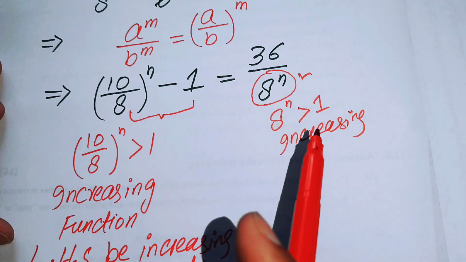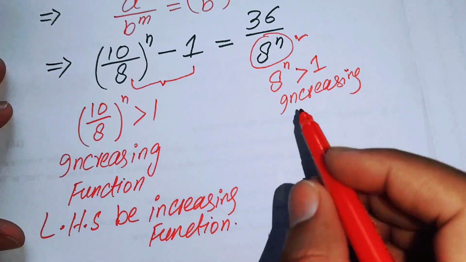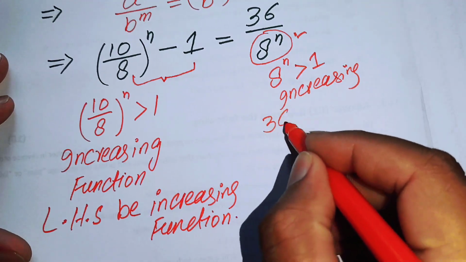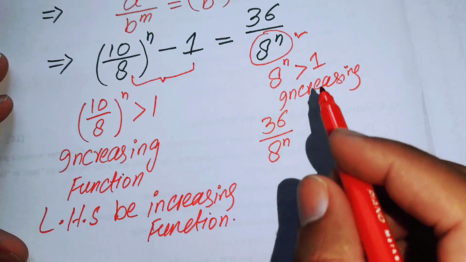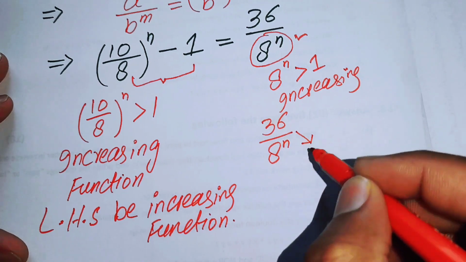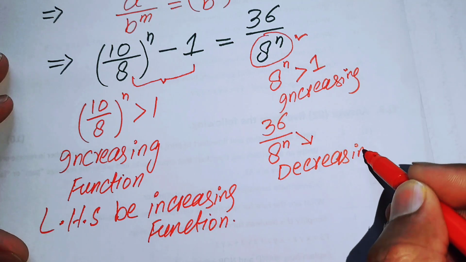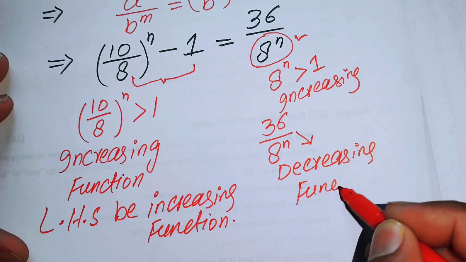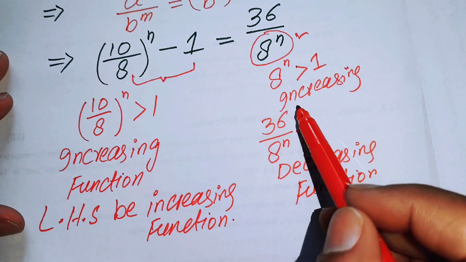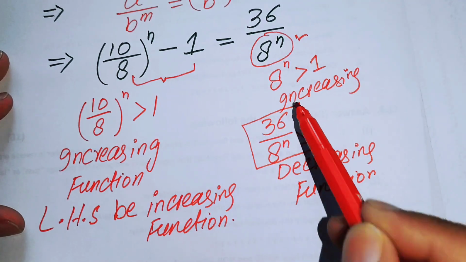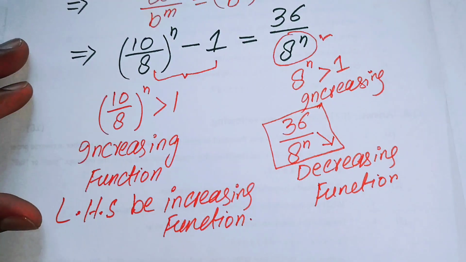When we divide a number by an increasing function, 36 over 8 to the power of n is itself a decreasing function, because you have an increasing function in the denominator. So this whole function becomes decreasing.